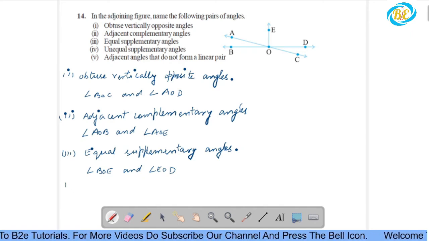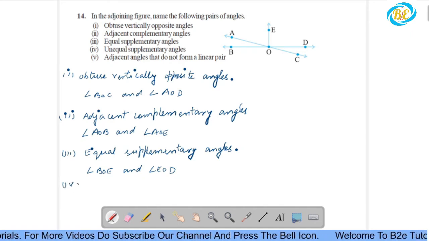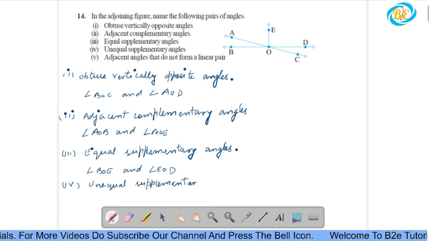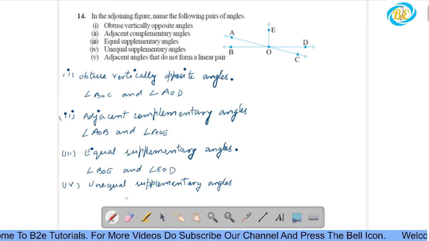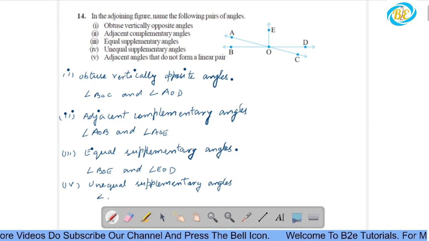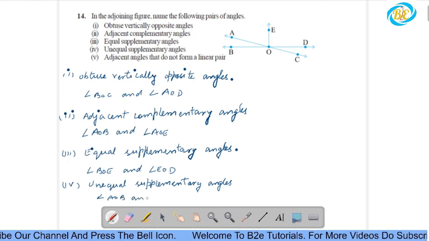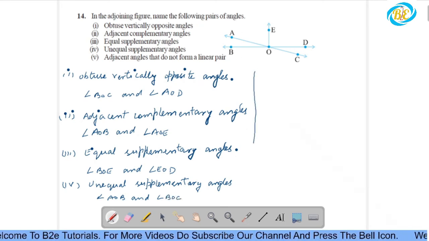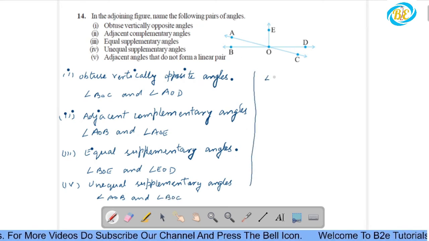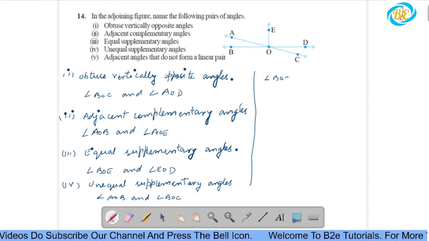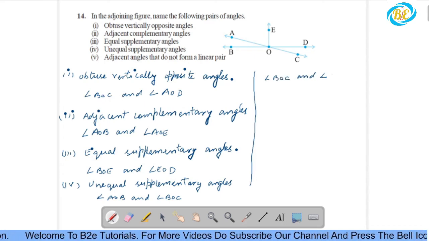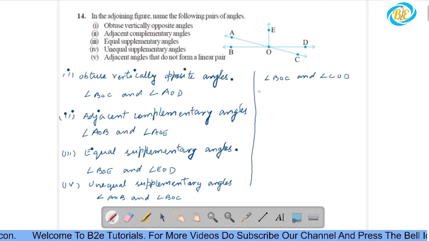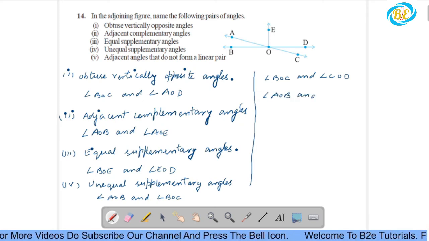Then fourth, unequal supplementary angles. Here angle AOB and angle BOC, angle BOC and angle COD, angle AOB and angle AOD.